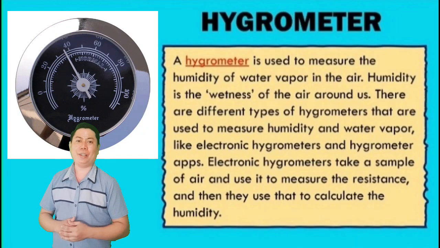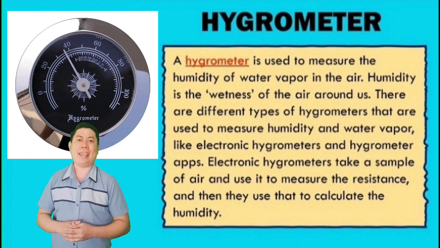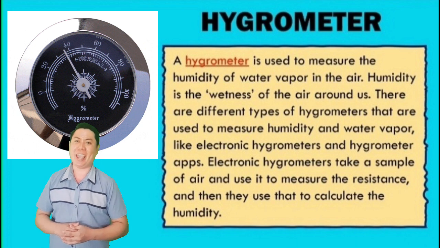What is a hygrometer? A hygrometer is used to measure the humidity of water vapor in the air. Humidity is the wetness of the air around us.